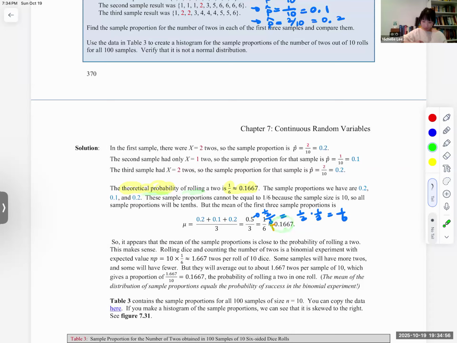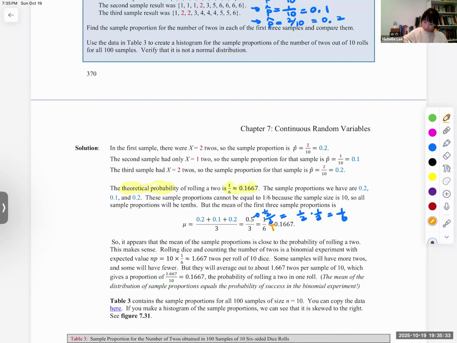Can you see that? Then your textbook says this is the same because in a binomial, what's the mean? N times p. N in this case is 10, and the probability is 1 over 6. Then we get 1.667, but the theoretical probability is 0.167, so we divide by 10 and get 0.1667.